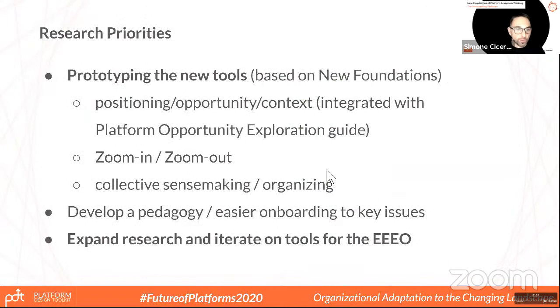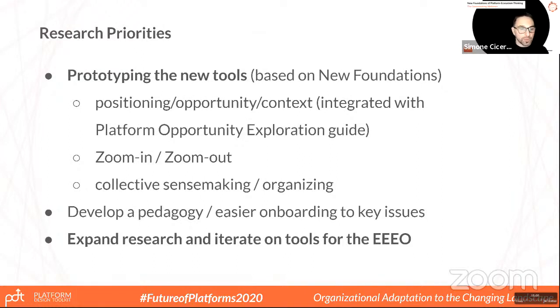What's coming up? We're going to prototype new tools thanks to these conversations, thanks to the research. We are developing some kind of pedagogic process that is easier to onboard, because this is a conversation that needs to be open to everybody and needs to be about how we organize and scale all over the world in collaboration, in conversation.